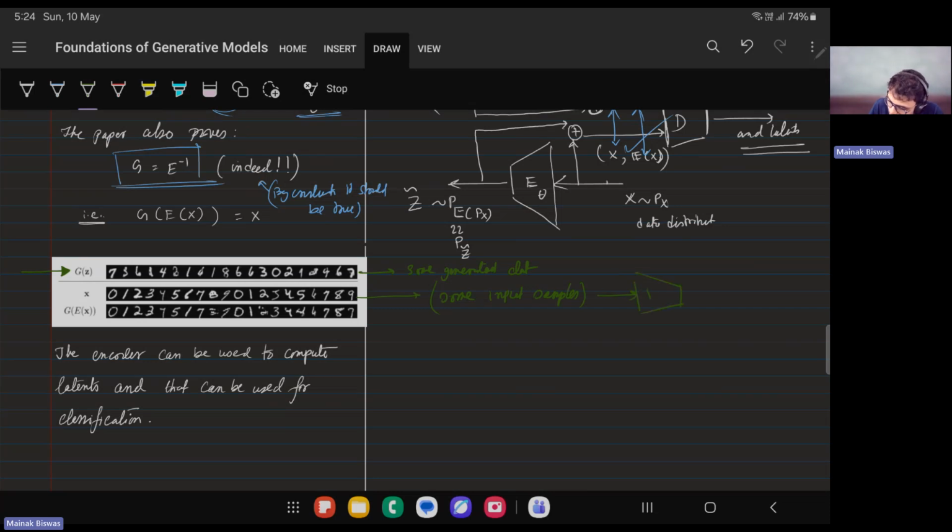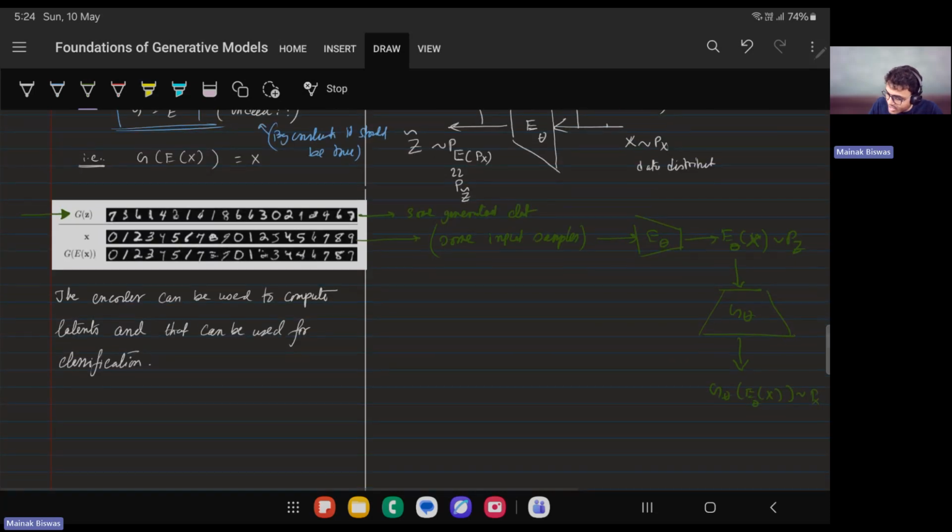I pass it through the encoder, E theta, and I get E theta of X. And these latents should be in the PZ distribution. I pass it through the generator, G theta, and I get G theta of E theta of X, which is again in the PX distribution.